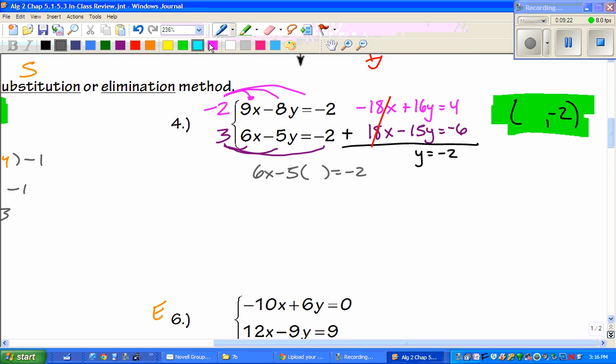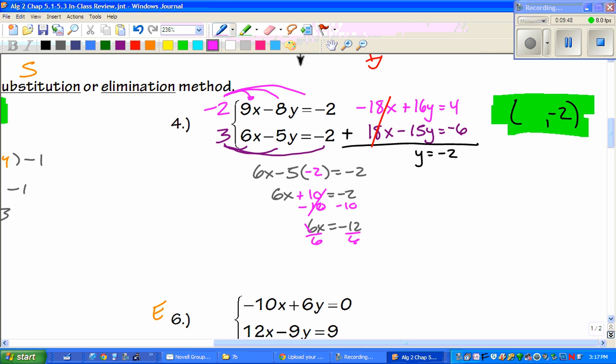I'm going to do the bottom equation, plugging in negative 2. Negative 5 times negative 2 is a positive 10. Now to get the x by itself, subtract 10 from both sides. 6x equals negative 12.